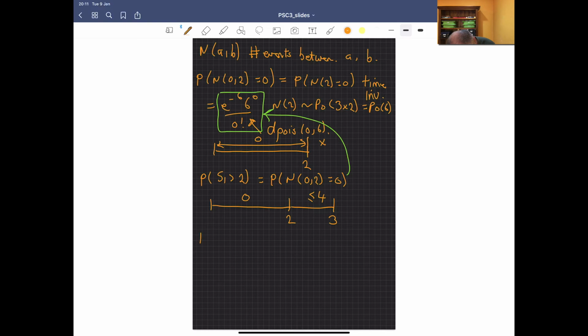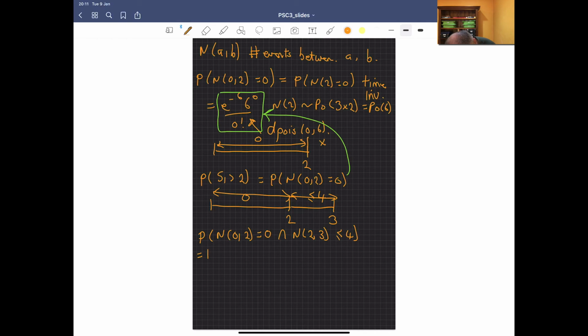So let's write that in our notation. That's the probability that between 0 and 2, we have none, and between 2 and 3, we have less than or equal to 4. Well, notice this time period, they meet at 2, but they don't overlap.